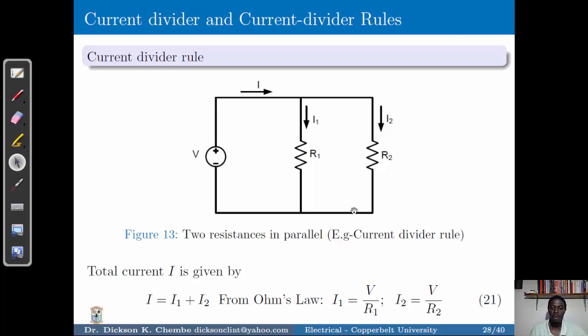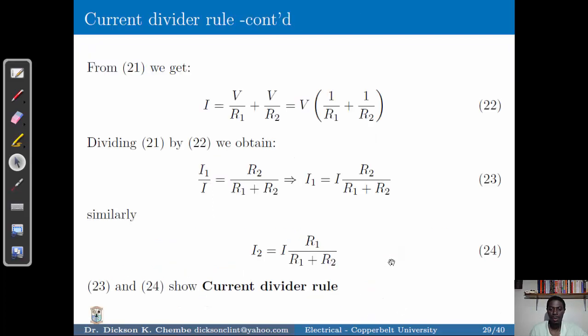Therefore, when we begin to solve, I1 is equal to V over R1 and I2 is equal to V over R2. And when we apply KCL and replace I1 and I2 by their Ohm's law values, we factor out the voltage and we remain with 1 over R1 plus 1 over R2.